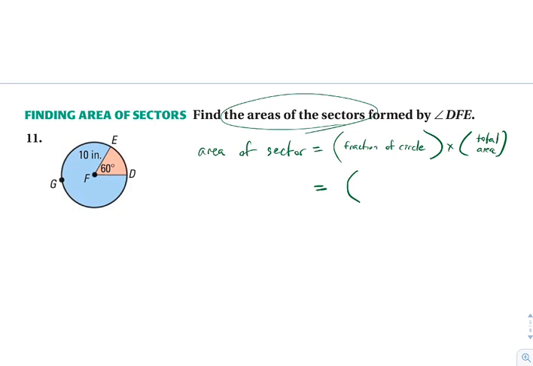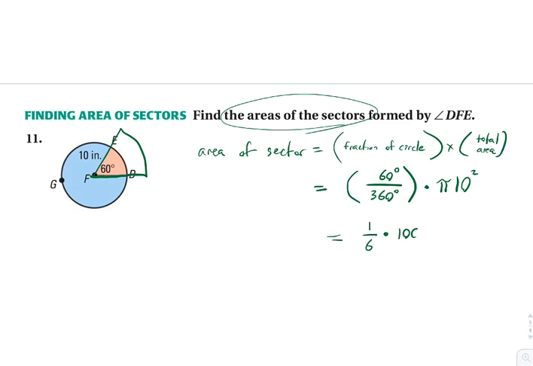So let's just find the area of the red sector first. This sector here is 60 degrees out of a total of 360 degrees, and then times the total area, which is pi r squared, or pi 10 squared. So reducing this fraction, the red arc is 1/6 of our circle, and the entire area of the circle is 100 pi.